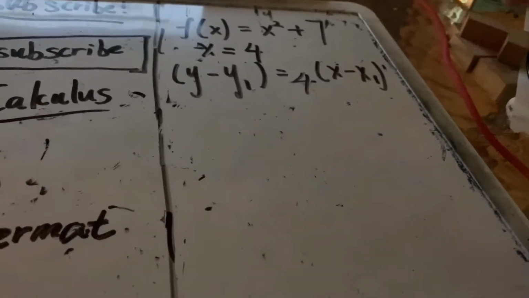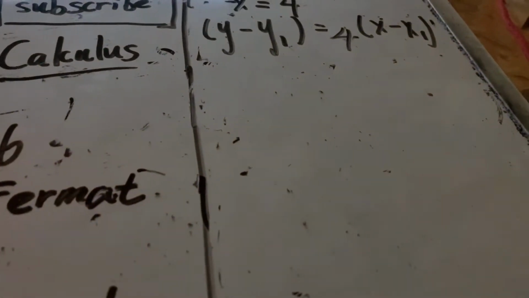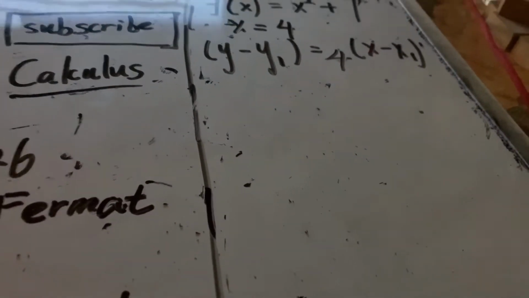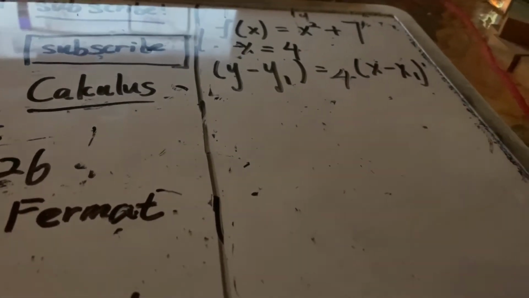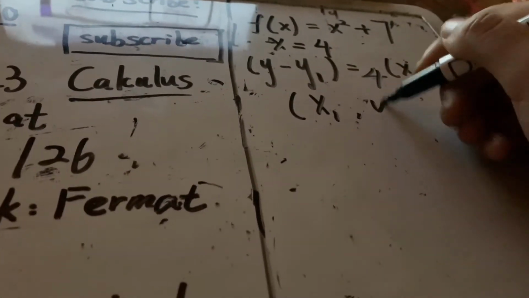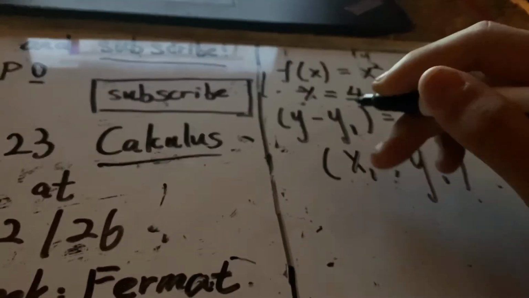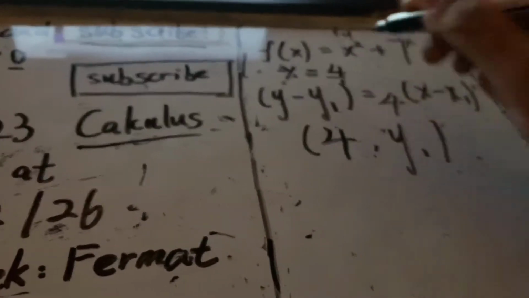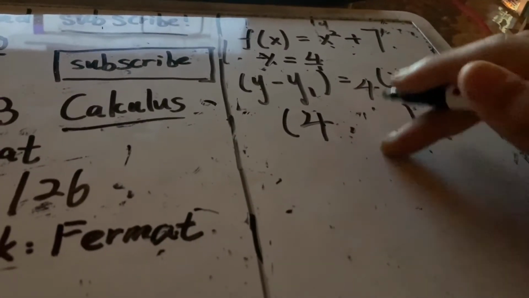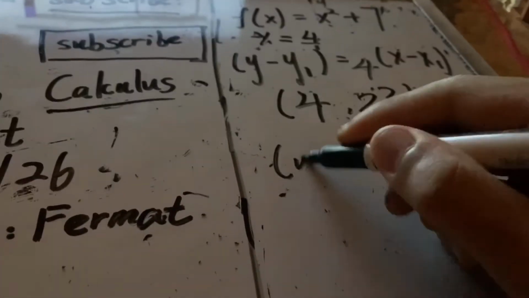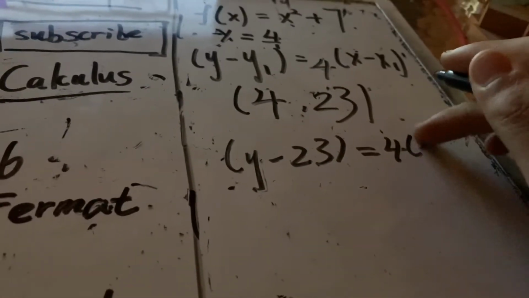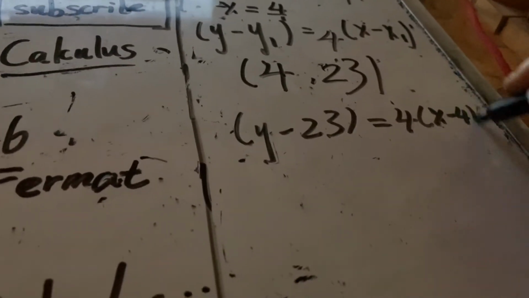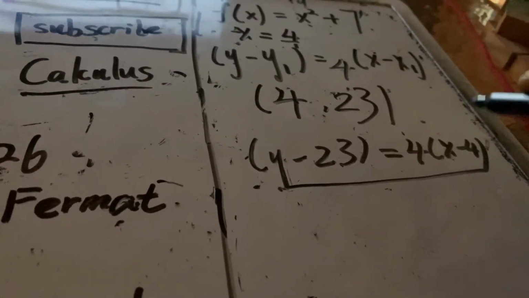According to the problem I said before, the instantaneous rate of change is 4. So we only need to get x1 and y1. In this case, you just plug 4 into x1 and calculate directly, and you get the result 23. So the formula will be this, x minus 4. Okay, this is going to be the equation.